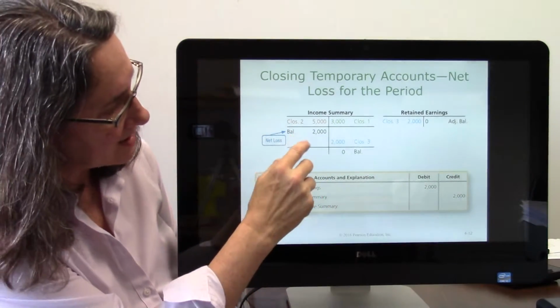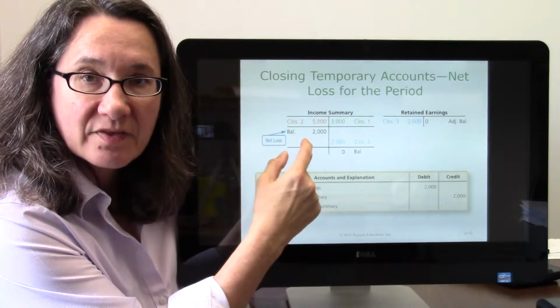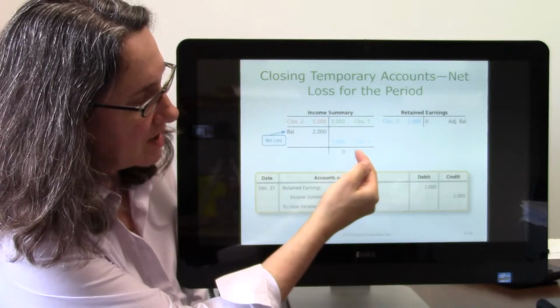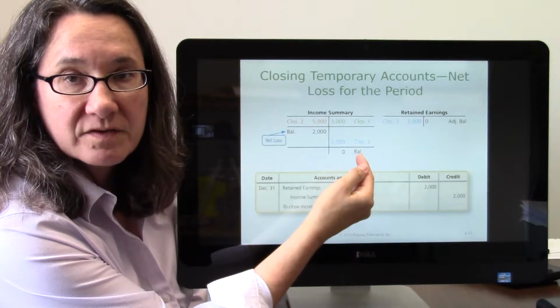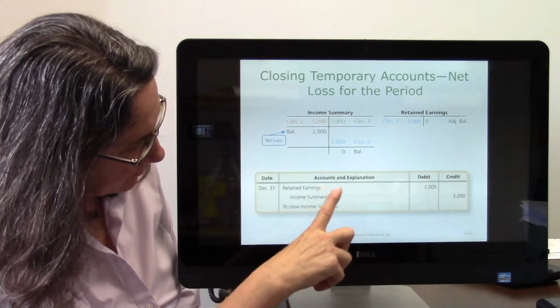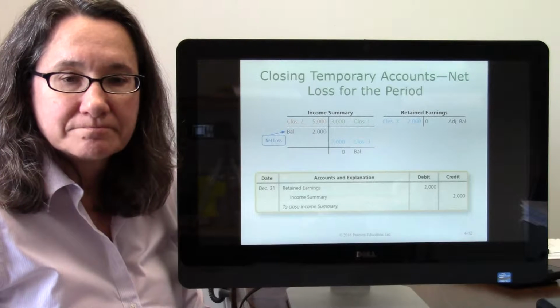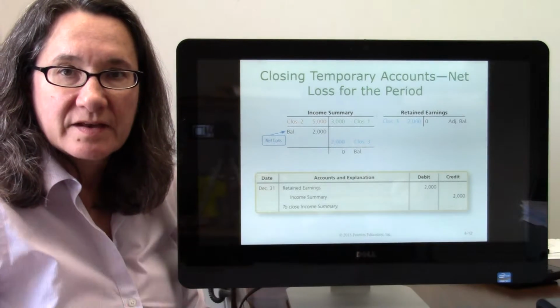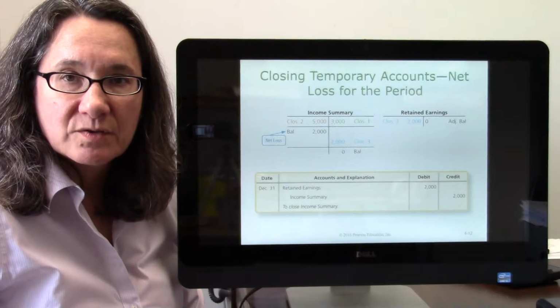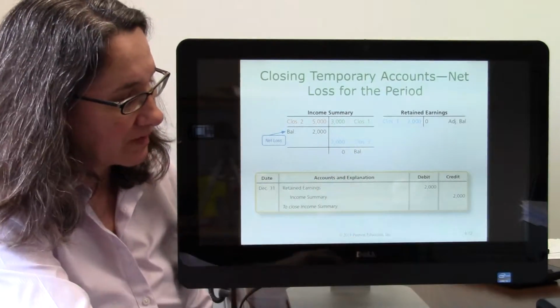If you have a net loss, the debit side is bigger than the credit side when you balance out the revenues and expenses, so you have to credit that loss instead of debit it, right? And then that means you debit retained earnings and credit income summary. So that's the difference. You just flip that entry where you're closing income summary to retained earnings because, well, it's on the other side.